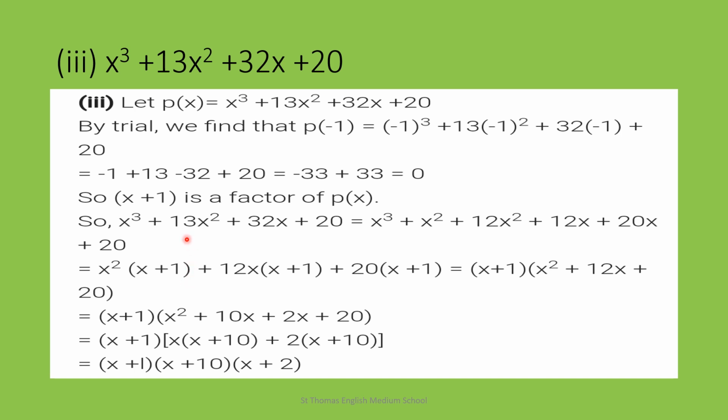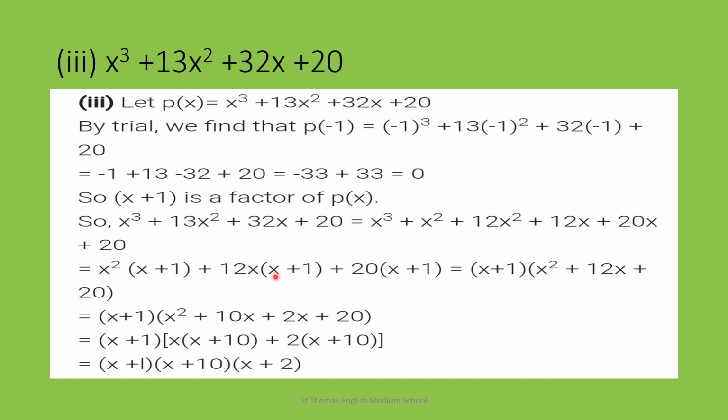Now in 13x square you have taken only 1x square. The remaining 12x square is here. Now from 32x, you split 32x in terms of 12x plus 20x. That is total 32x. So from 12x square plus 12x, you can take 12x common.